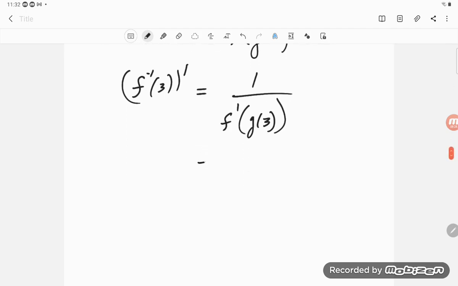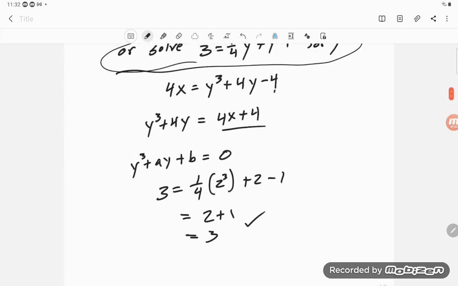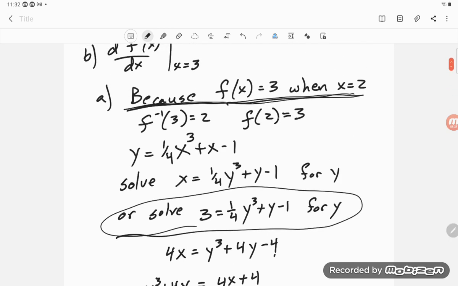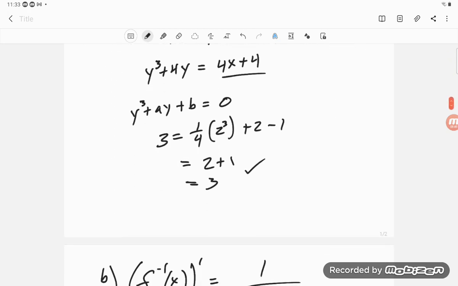But we're told that's 2, right? So f prime of 2. But again, we had to figure that out somehow, that g of 3 was 2. And now I do need to take the derivative of f.